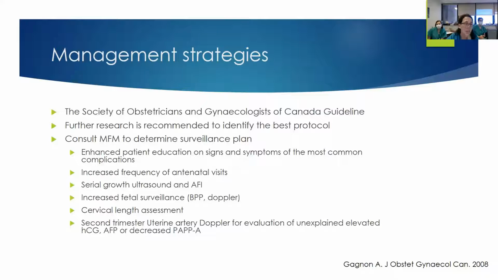They do recommend consulting MFM to determine the surveillance plan that can range from enhanced patient education about signs and symptoms of the most common complications, increased frequency of antenatal visits, serial growth ultrasounds, AFIs, increased fetal surveillance, cervical length measurements, or 2nd trimester uterine artery Doppler.